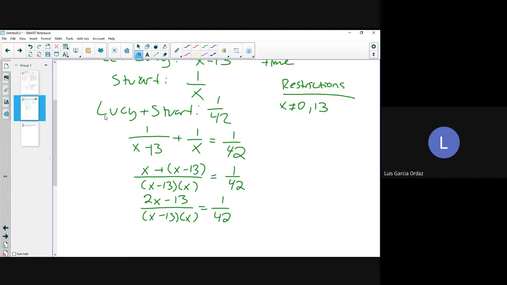Yeah, that's what I was thinking. We can't cross out x minus 13 because it's times in one place and plus in another. What if it's both plus? When does it work? You can't cancel when you're adding. You can only cancel if the same thing is happening in the numerator and the denominator.